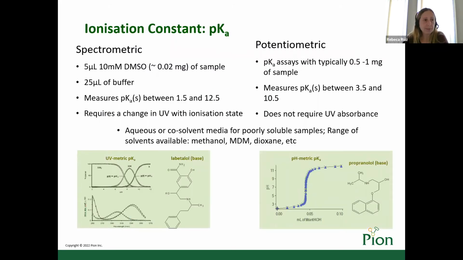For pKa, Sirius T3 offers two techniques, the spectrometric and the potentiometric. For the spectrometric determination, we have the fast UV and the UV metric analysis, which I will talk about in the next slides. For both assays, fast UV and UV metric, 5 microliters of 10 millimolar DMSO sample stock solution plus 25 microliters of buffer is needed.